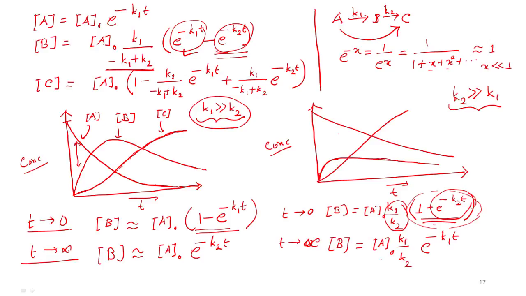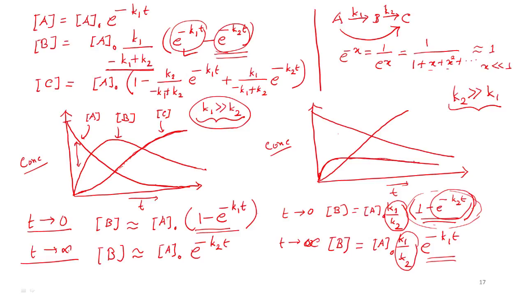And in the very long limit, you can see I have a very small factor which is always there, K1 by K2, and then I have e to the power minus K1t. But what is K1? K1 is a very small number, so the decay will also be very slow.